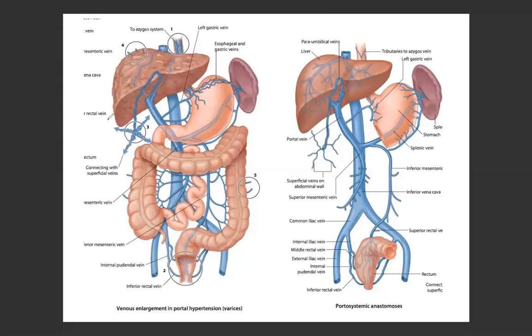You can look at it here. We've got a caput Medusa هتيجي هنا في ال anterior abdominal wall. You'll end up with rectal hemorrhoids في ال rectum, so because of dilations, we'll end up with dilations in the esophagus. تمام?